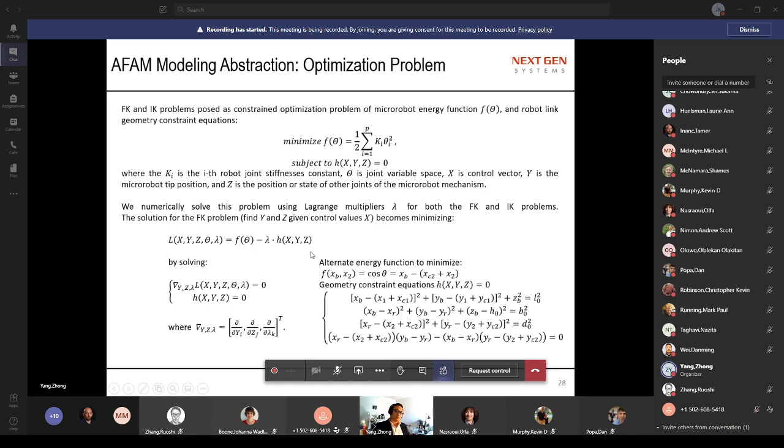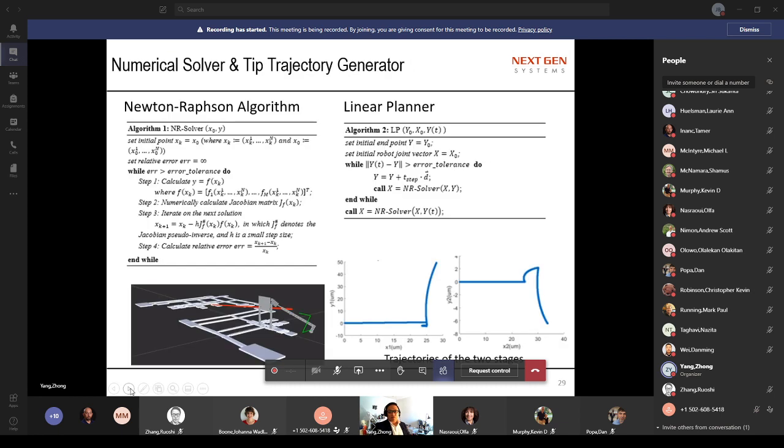Those equations give the forward kinematics or inverse kinematics. Basically, they give the relation of when we move the micro stage of the AFM, how much we move at the tip of the AFM. Combining those things together gives us a set of nonlinear equations. Solving those equations is not an easy task by hand.